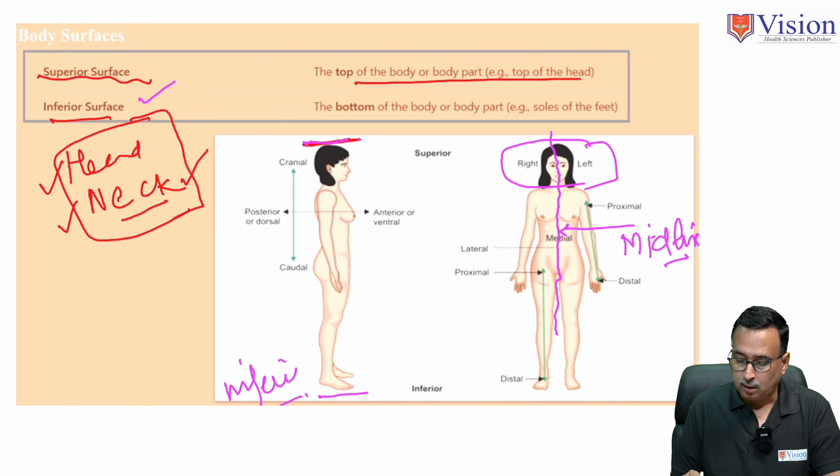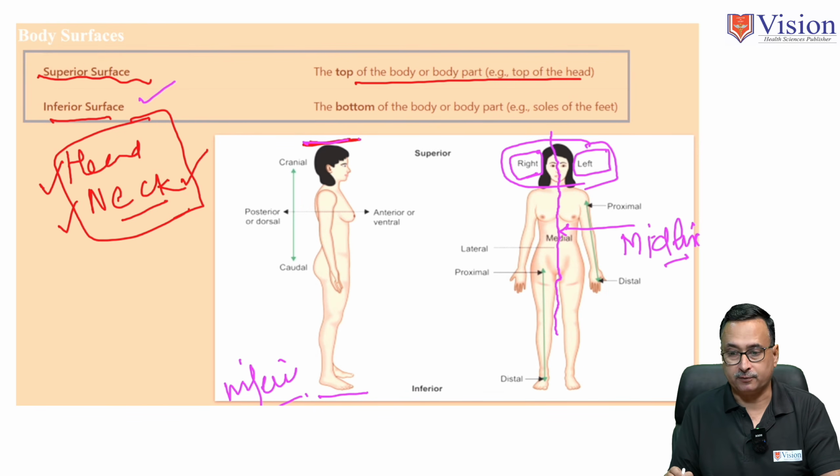So any body part which is onto its right side is said to be on right surface, and body part towards its left is said to be on a left surface.